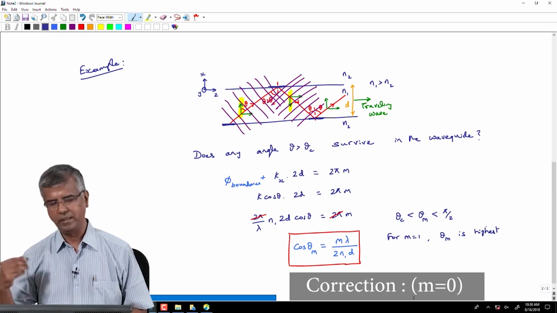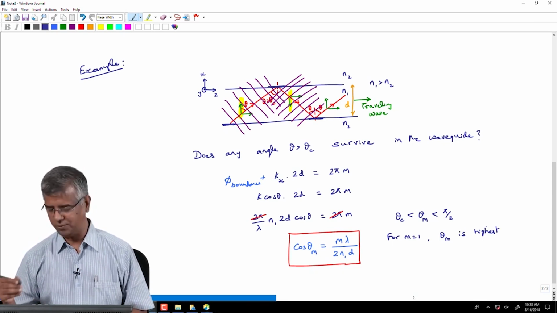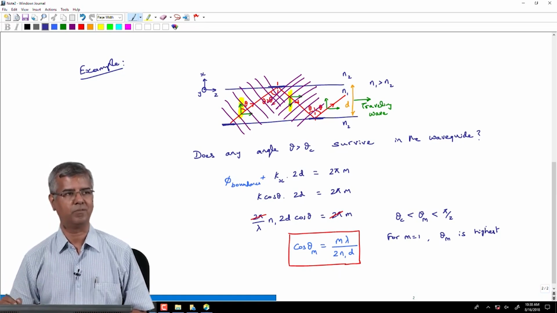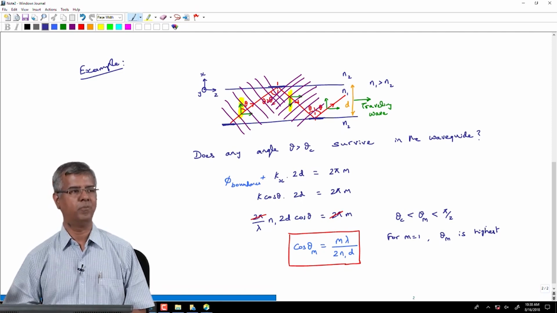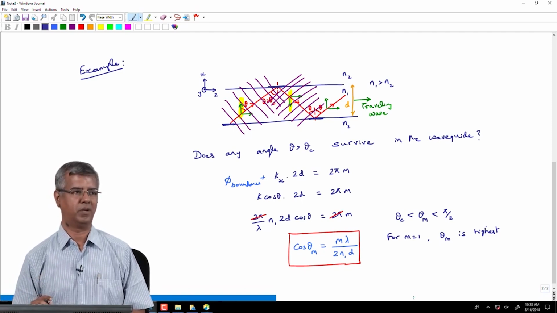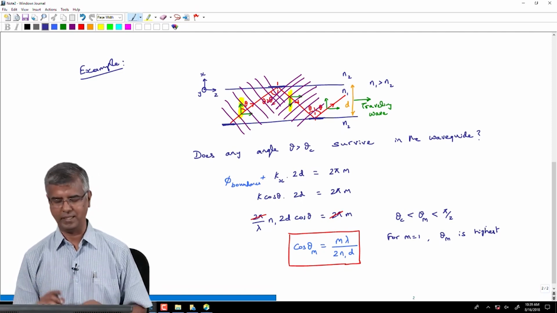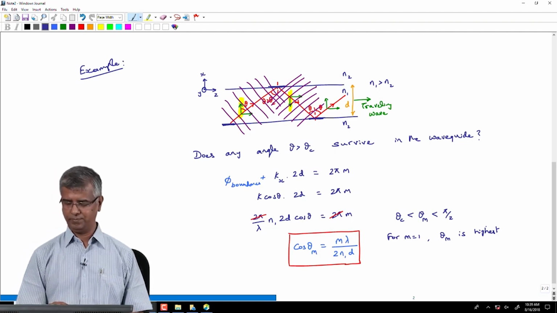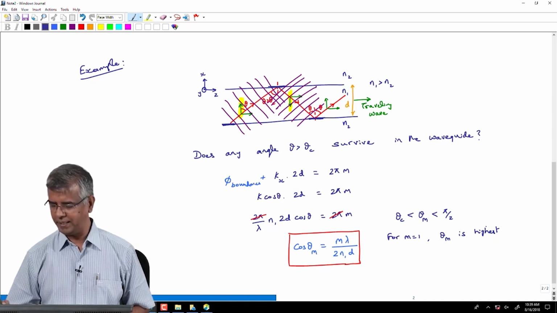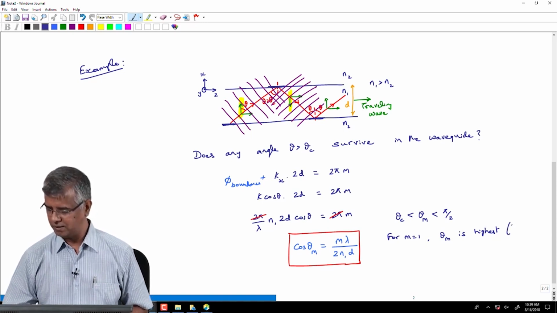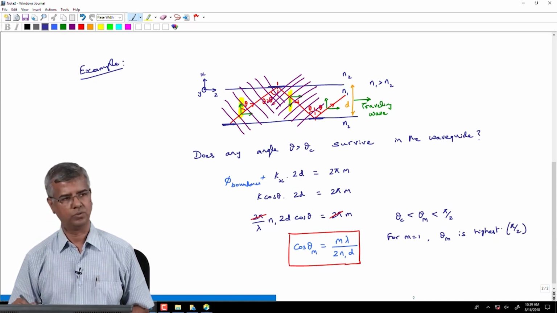For larger values of m, theta m will have to be smaller and smaller, okay, until it gets to theta c. And highest is pi by 2.